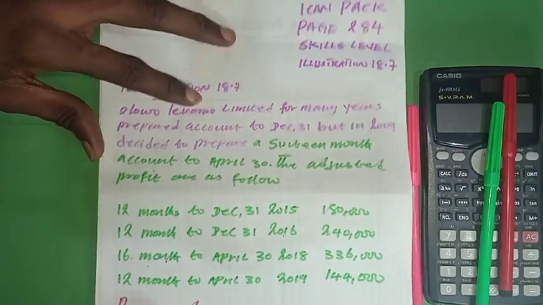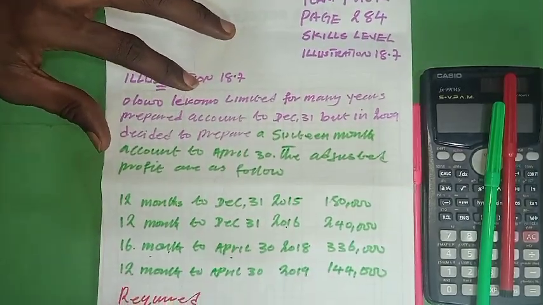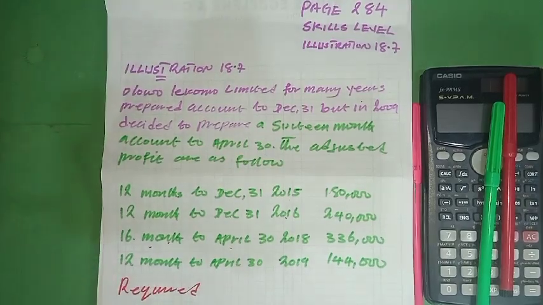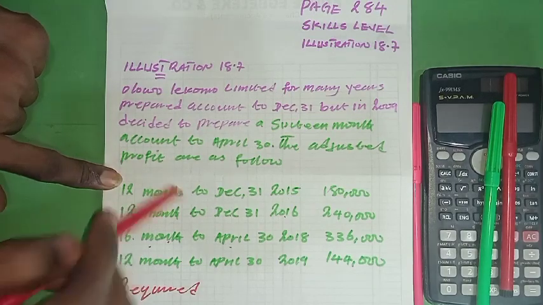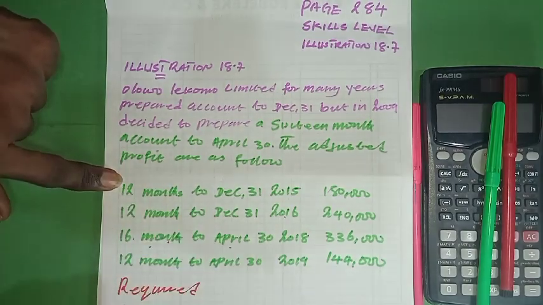Somebody that watched the first video will be saying, I'm not seeing year end here, and there's no period here. How do I know using the method I taught you to identify? Now, listen. 12 months represents year end.